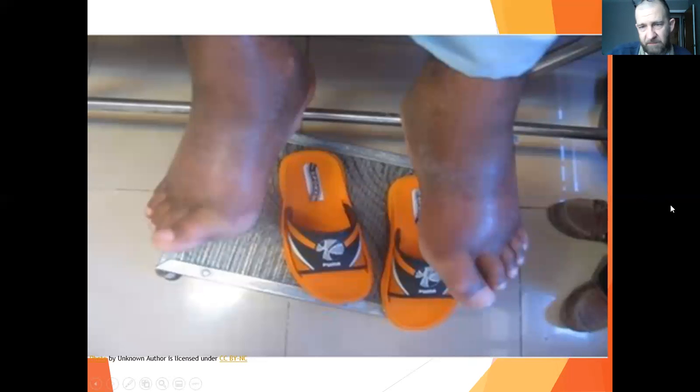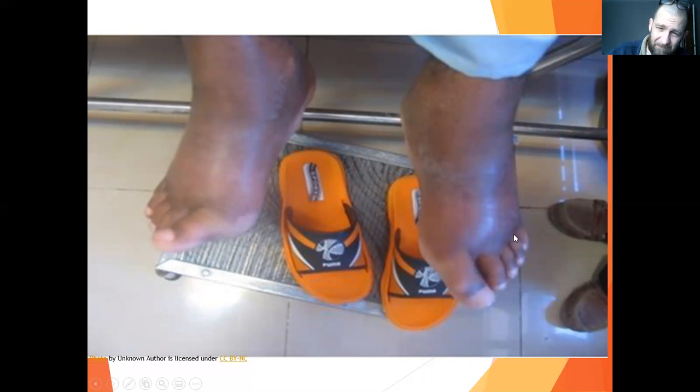Here's a couple pictures of edema. This person we can see here has very swollen feet. It's difficult to see the medial malleolus on either foot. We can see right at the edge of the foot, just before the toes, how it goes into the toes, but there's only so much that it can do.